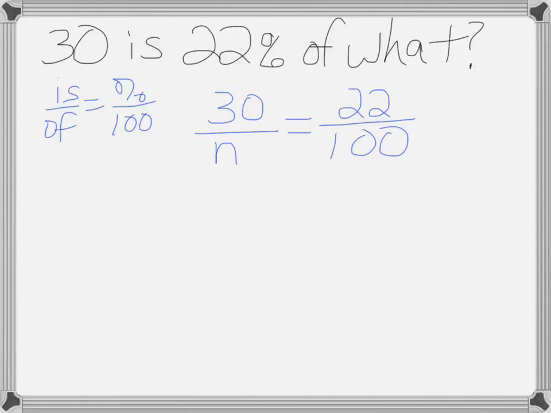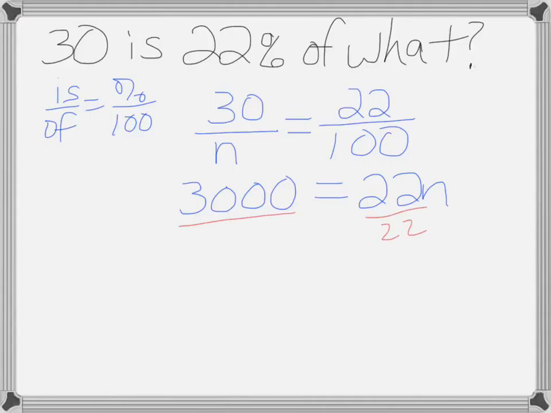Now cross multiply. 30 times 100 is 3,000 equals, and 22 times n is just 22n. Divide both sides by the number in front of the letter. We'll divide by 22. So just punch in your calculator 3,000 divided by 22.